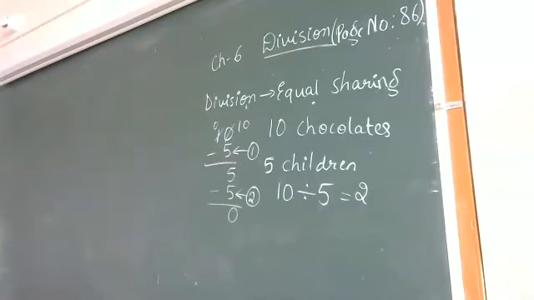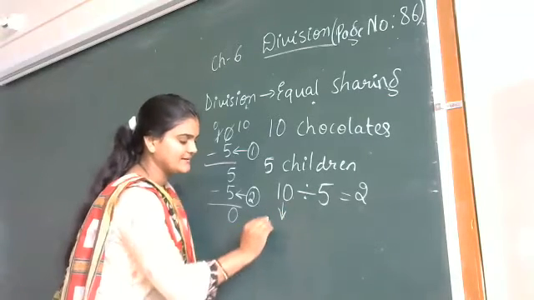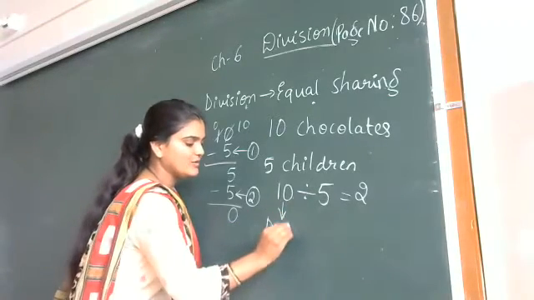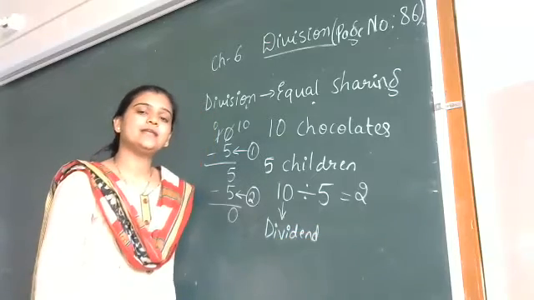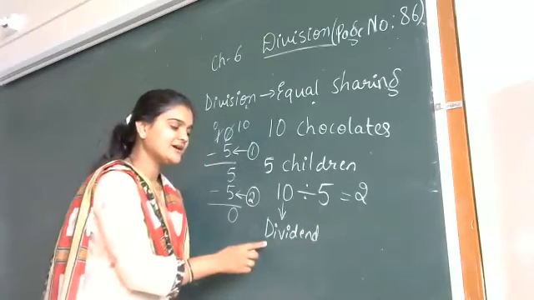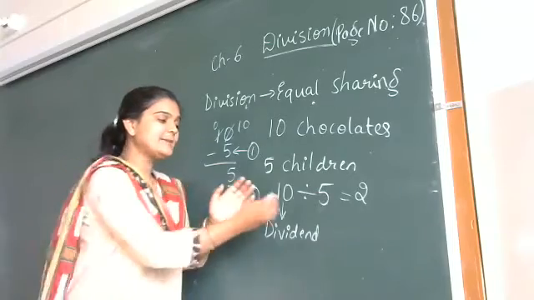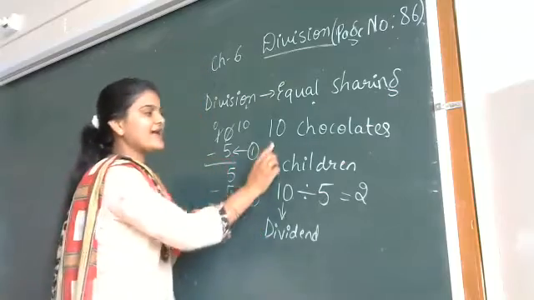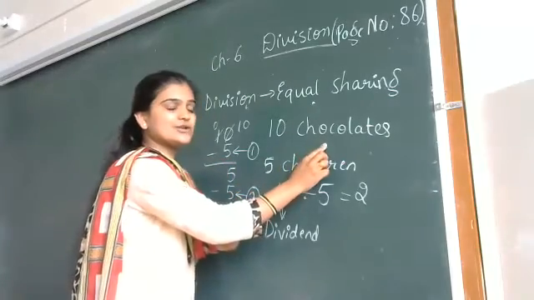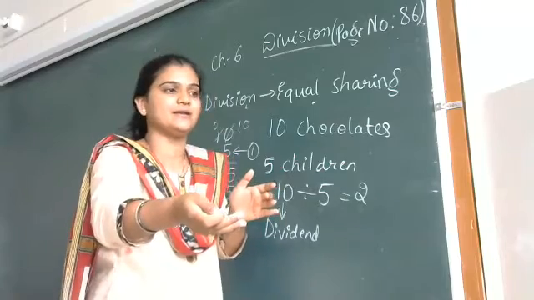So, children, what is the number 10 known as? Dividend. What is the term dividend? Dividend means the number that has to be divided. Here we have 10 chocolates, and we are going to divide them among the 5 children.